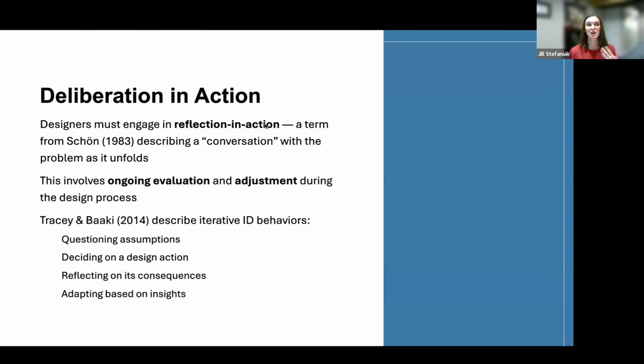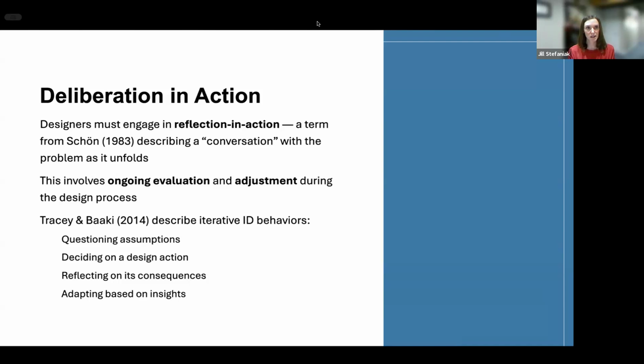And so our spin is thinking about the ways in which we can be more deliberate with our decision making. Now, Tracey and Baki were talking about this when they were writing about reflection and action, talking about what this looks like. This is where we start questioning assumptions. This is where we're deciding on design action, reflecting on its consequences, and adapting based on insights.